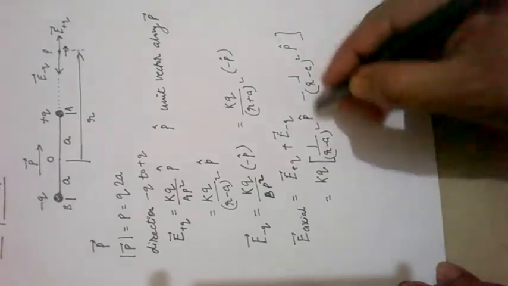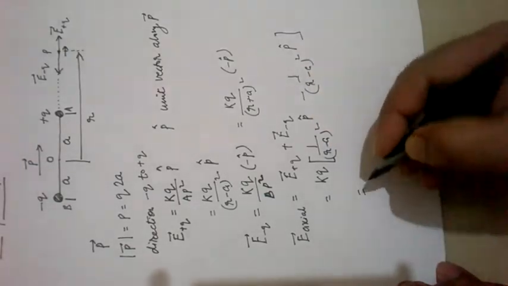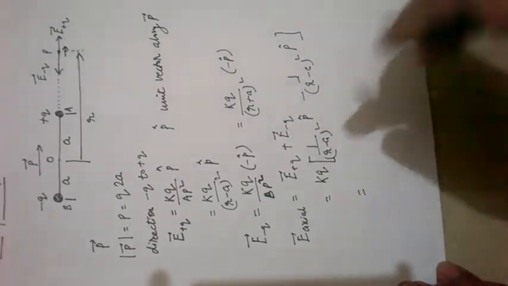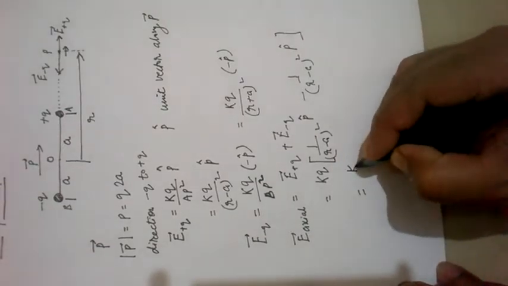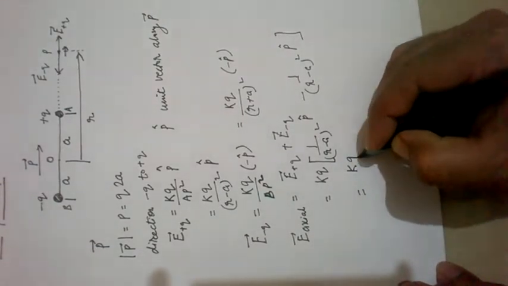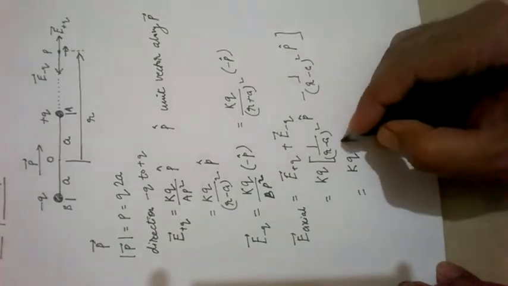I am writing the direction with P cap, so when I finally solve this, what I get is k q, and the P cap I can take out.